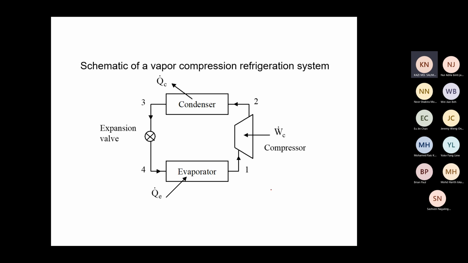So we go on further, a schematic of a vapor compression refrigeration system. There is another chapter only on the vapor compression refrigeration system, and then there will be another section on the absorption refrigeration system.